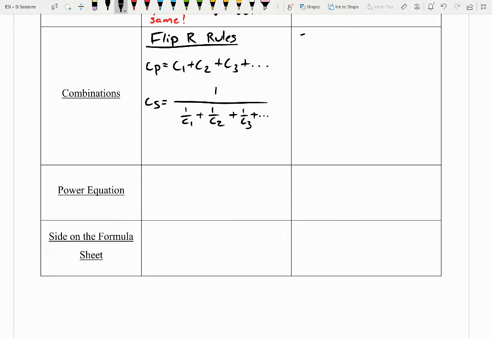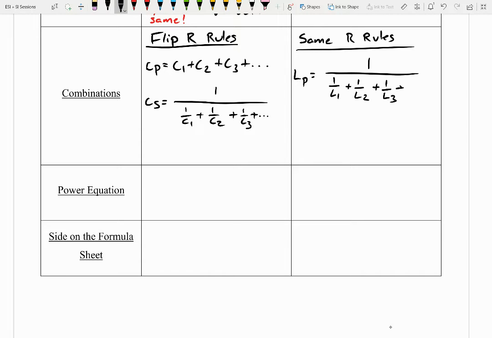And looking at the inductors, it's the same as the resistor rules. So inductors in parallel: 1 over L1 plus 1 over L2 plus 1 over L3 plus and so on. Then L in series should be L1 plus L2 plus L3 plus and so on.